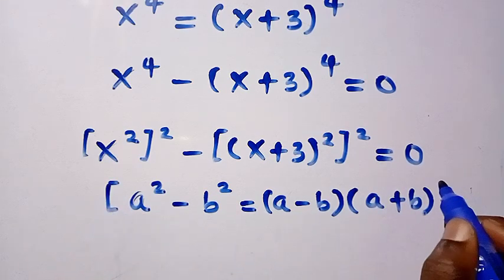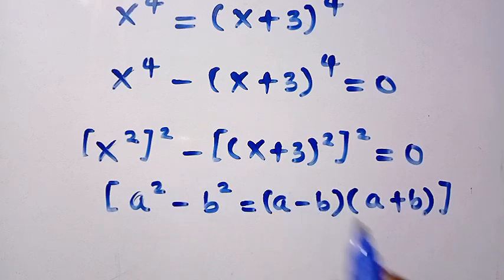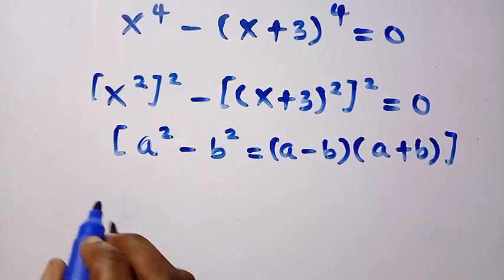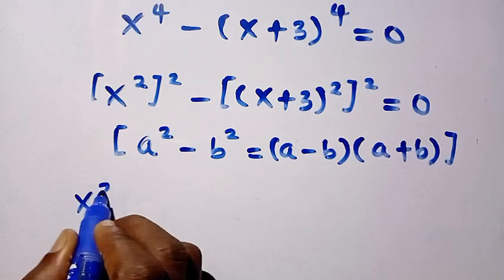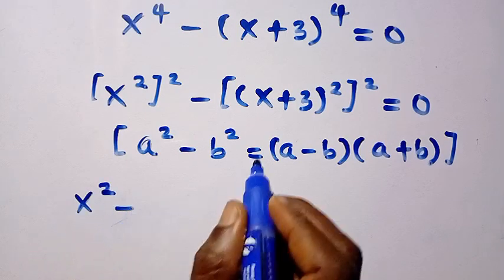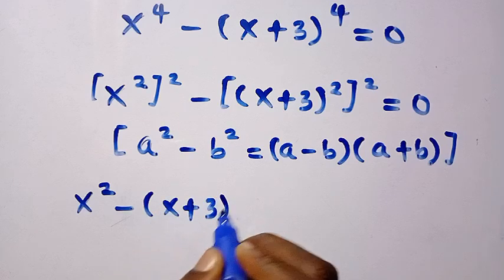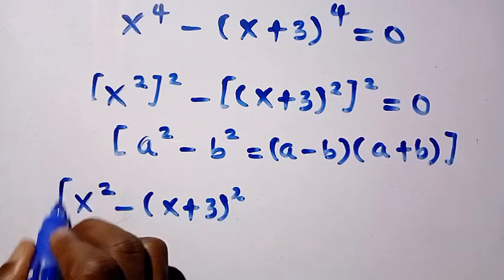By taking this into consideration and comparing it with the given equation, we therefore have (x^2 - (x + 3)^2).